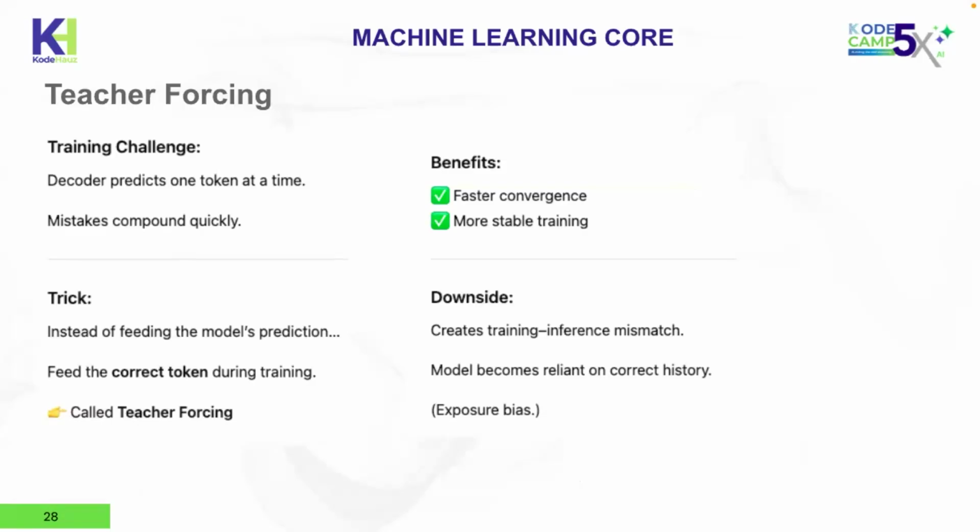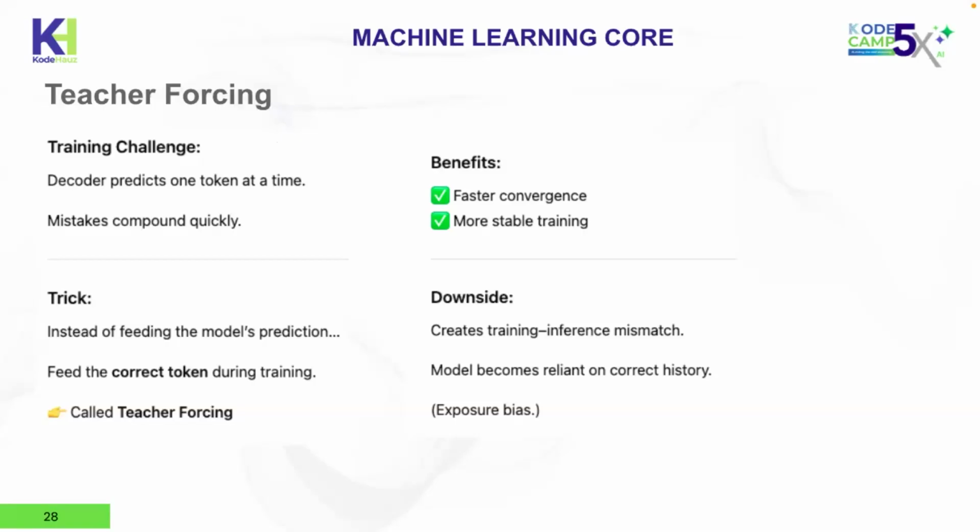The issue is that sometimes mistakes will compound quickly. But you can use teacher forcing, where you give the model both the input sequence and the output sequence it is supposed to generate as training data. When you give it those, of course it is forced to try to predict that.